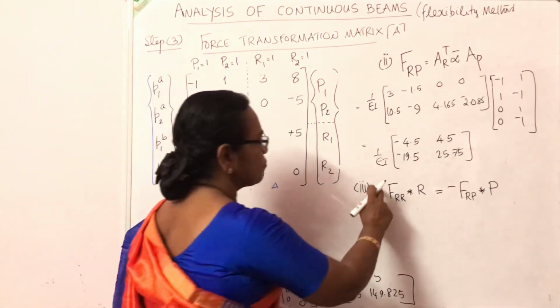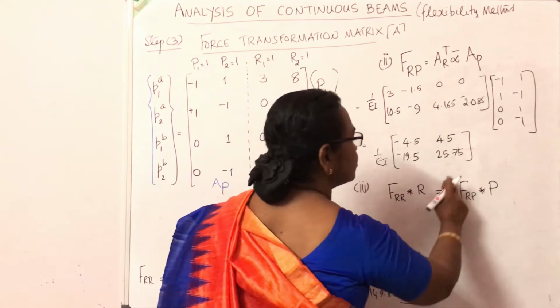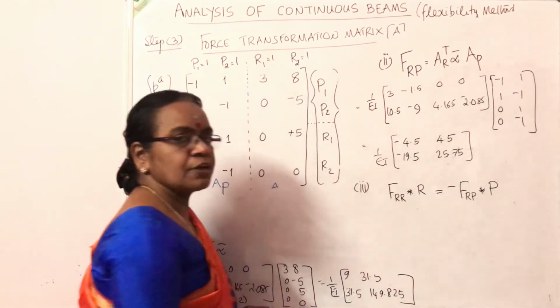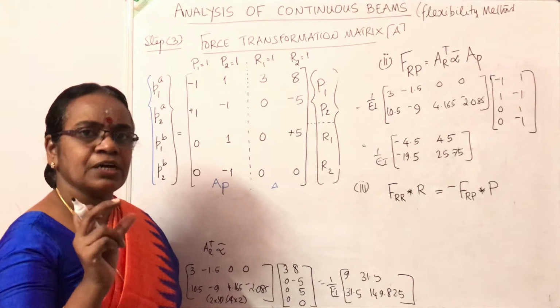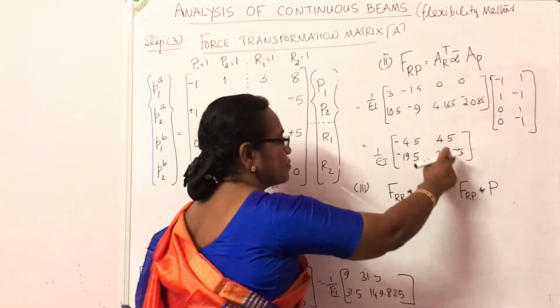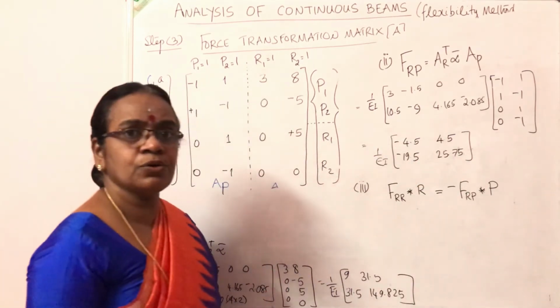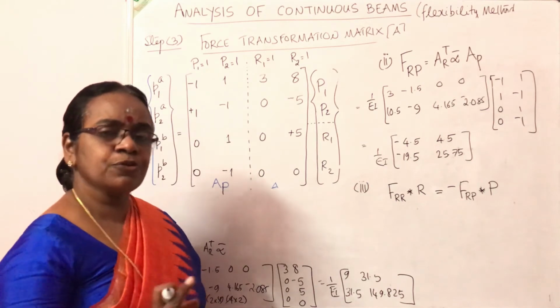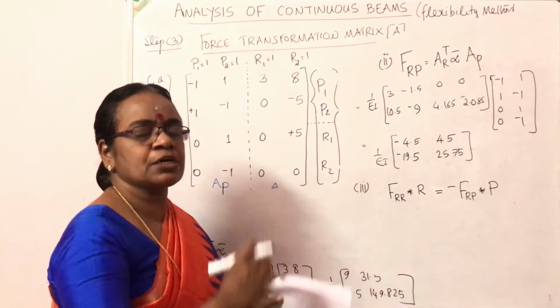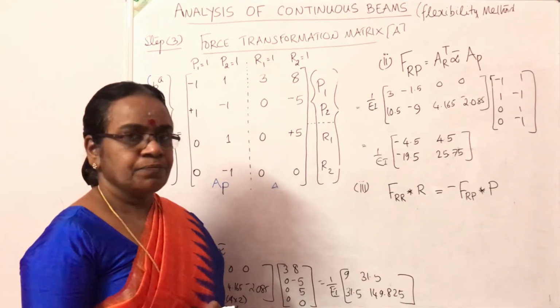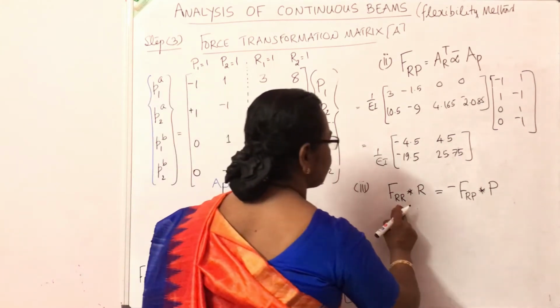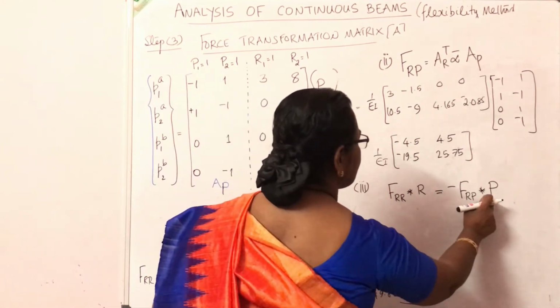So this is FRR into R is equal to delta. Delta is, for the unit value of external load, these are the deflections. So if you give the actual value of the load, what will be the deformation? For this concept, you refer to the consistent deformation method. So here we have FRR into R equals FRP into P.